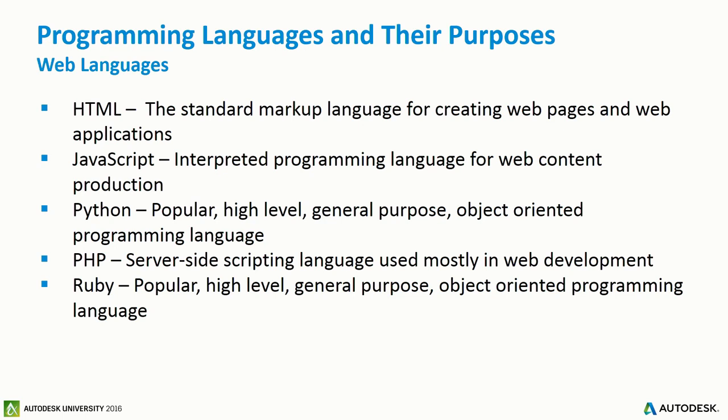And then JavaScript is kind of the actions. It's the menu bar drop-downs. It's the scroll-over stuff that's popping out. It's the actions on the website. Python, I throw on the web languages because it's becoming a popular web programming language, but it's definitely used for other stuff as well. PHP is more of a web-only back-end.